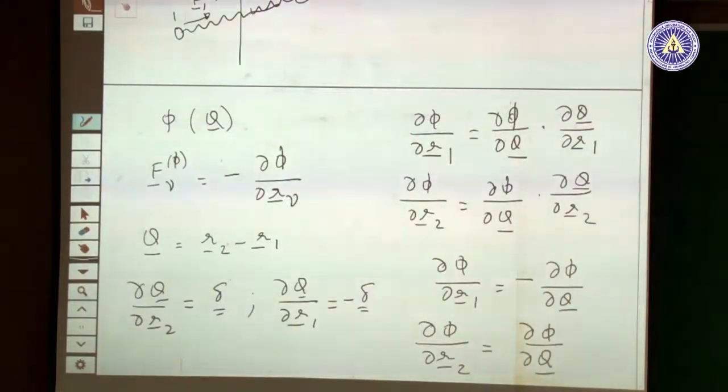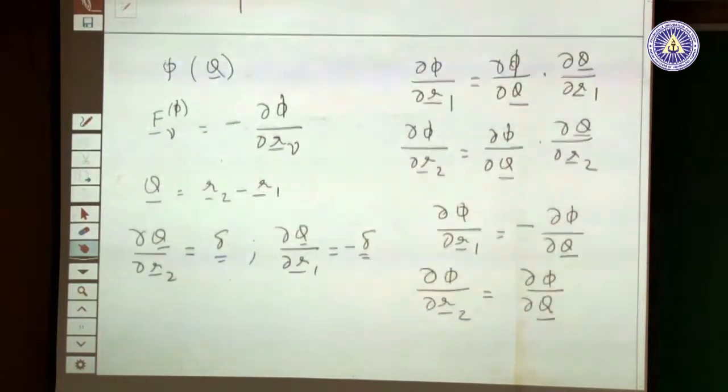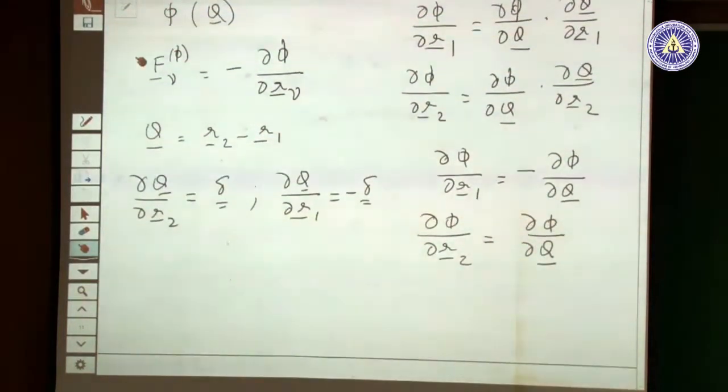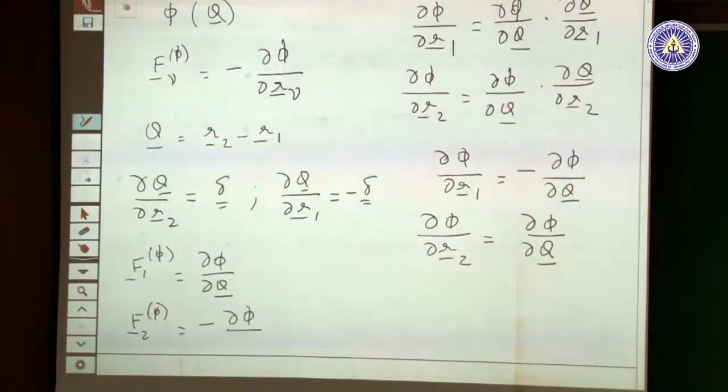So, going back to our definition of F1 phi and F2 phi, F1 phi is minus del phi over del r1, and therefore it is plus del phi over del q, and F2 phi would be minus del phi over del q.